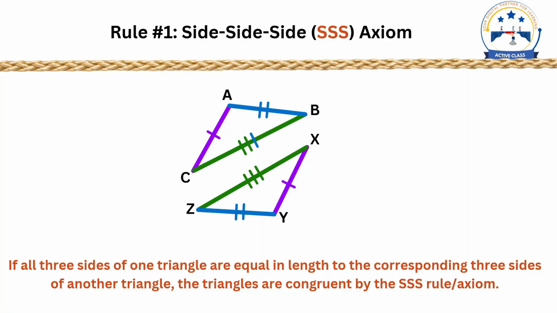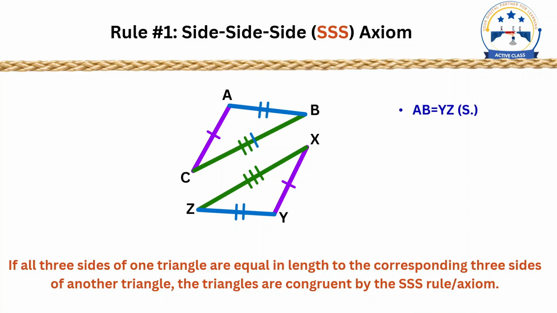The equal corresponding sides here in these two triangles are indicated by equal lines. AB and YZ are indicated as equal with double lines. Likewise, AC and XY are indicated with single lines. And the third sides are indicated with three lines.